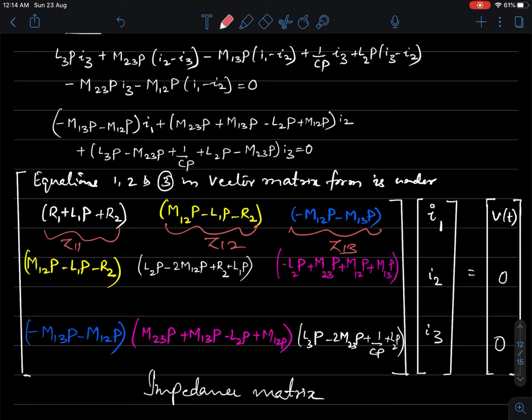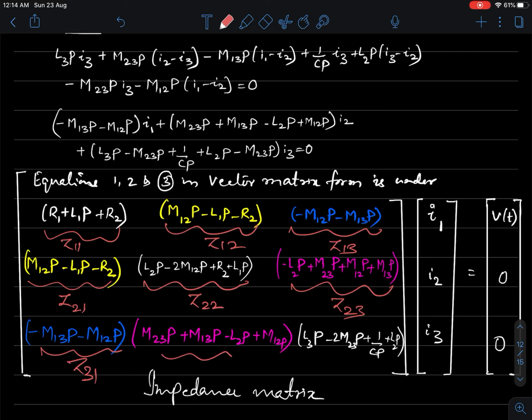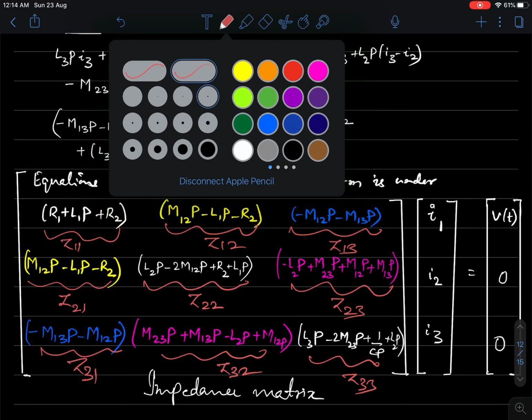First row, first element; second row, first element; second row, second element; second row, third element; third row, first element; this is Z32, Z33. That's how we identify them.